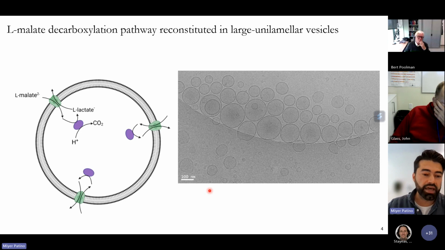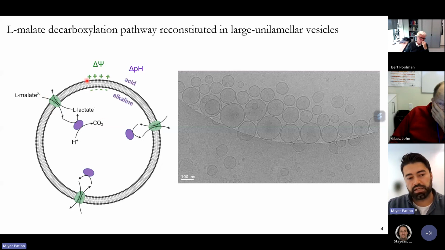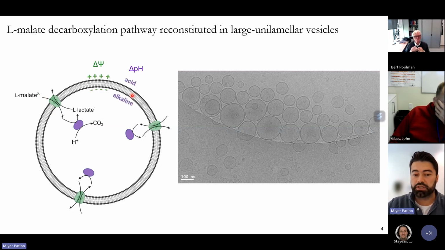What we wanted to test with those synthetic lipid vesicles was whether, upon addition of external malate and initiation of the malate decarboxylation pathway, we could form a membrane potential and a pH gradient.